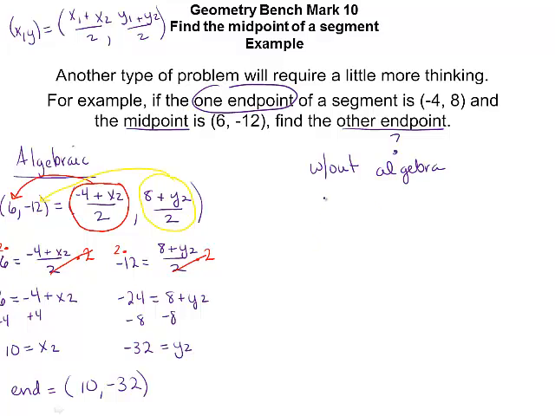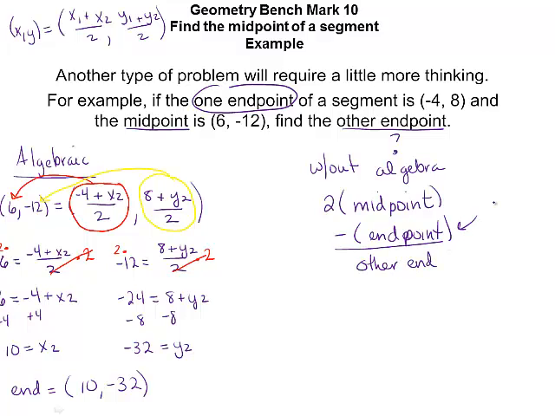Without algebra, you're going to do 2 times the midpoint, and then you're going to subtract the endpoint, and that's going to give you the other end. So this is the one given, and this is the one missing.